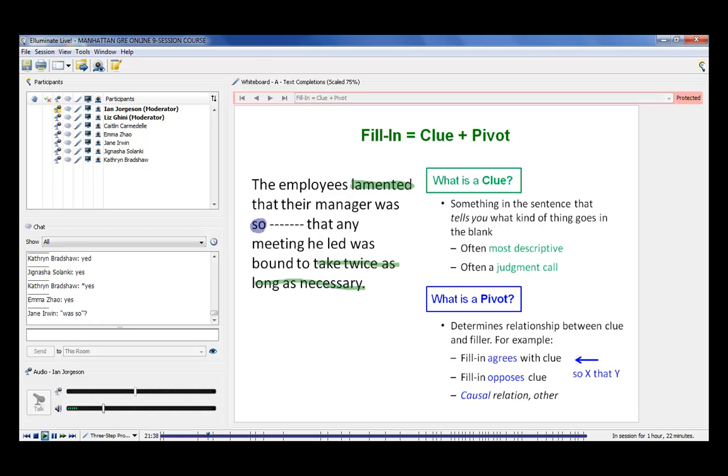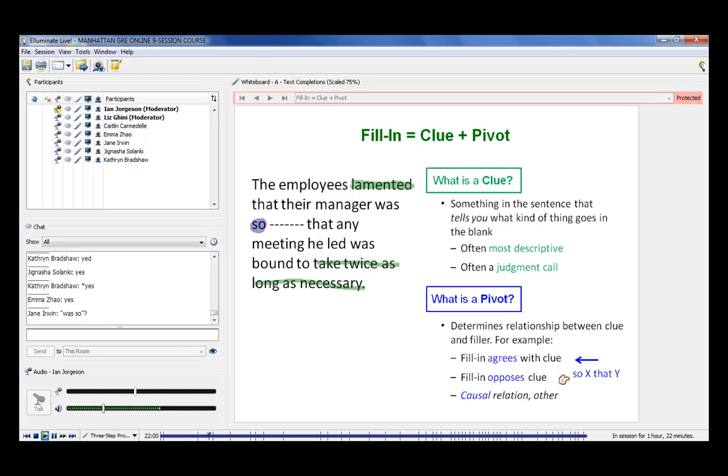So X, that, something else. And that tells us there's a really strong relationship between the X and the Y in this particular idiom. We also can sometimes get pivots that are causal relationships. That'll happen occasionally as well, or even more complicated relationships than that.